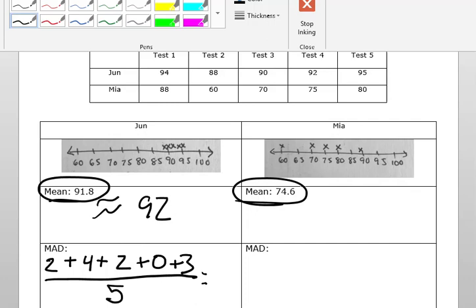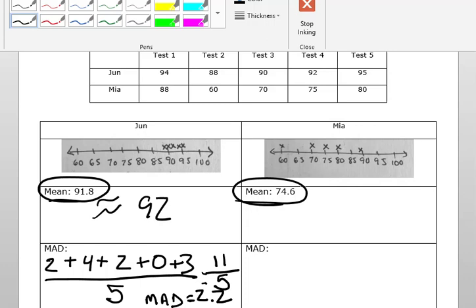And that is going to give me, so 2, so 6, 7, 8, 9, 10, 11. I'm going to have 11 over 5, okay, which means my mean absolute deviation for this set of data is going to equal 2.2, or 2 1/5.